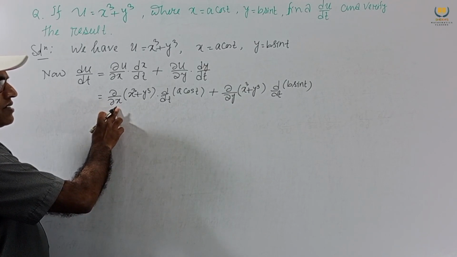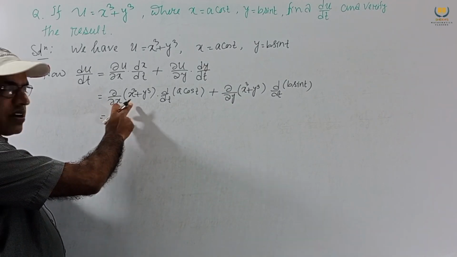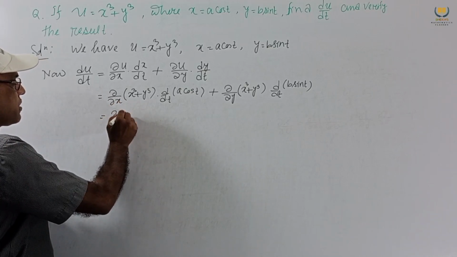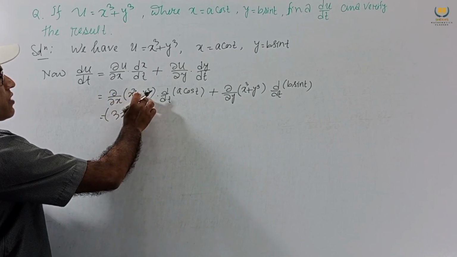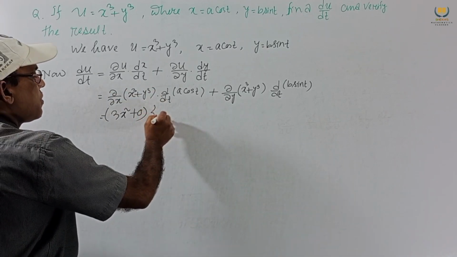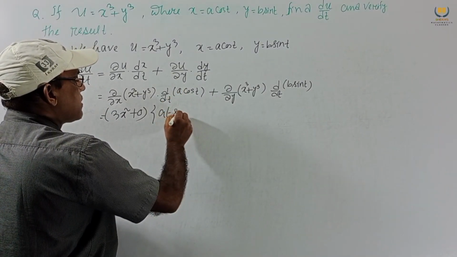But this is partial differentiation. We differentiate with respect to x, then x is the variable and y is constant. So this is 3x square plus 0, since del/del x of y cube is 0. And a into d/dt of cos t means minus sin t.